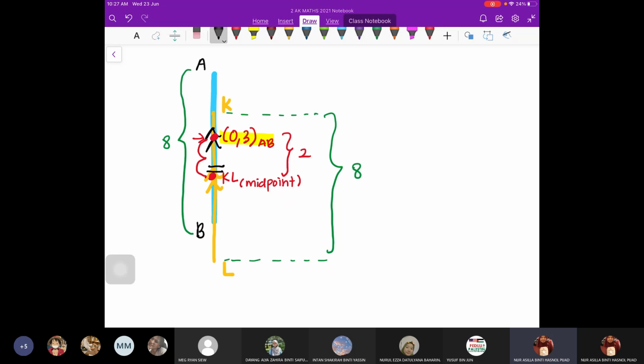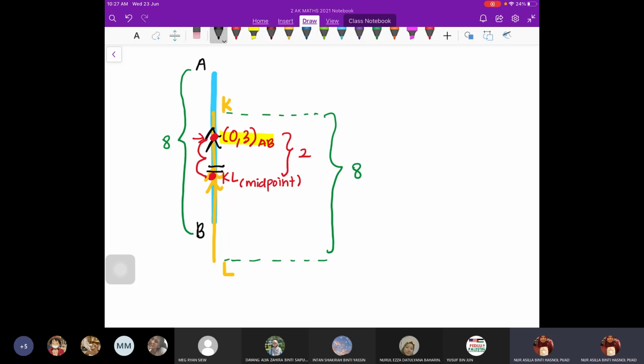Okay, kita kena ingat tak boleh nak lukis atas dia, nanti mengganggu. You have to remember this is parallel to the y-axis. Okay. Dan kalau kamu tengok koordinat midpoint AB 0, 3, x koordinat dia kosong.